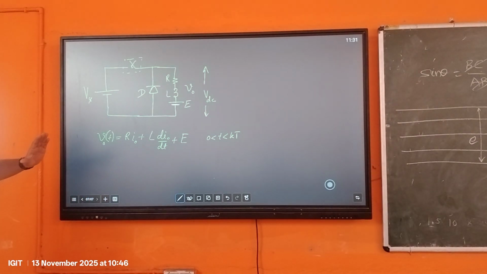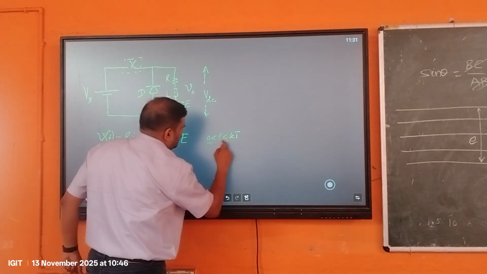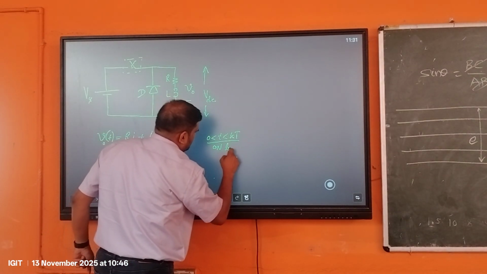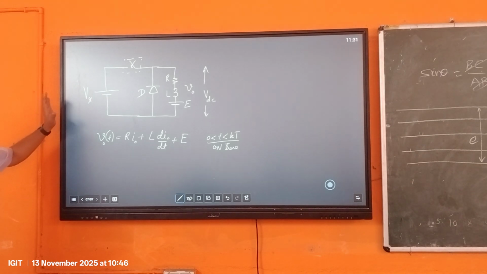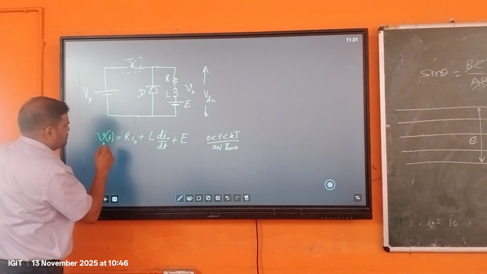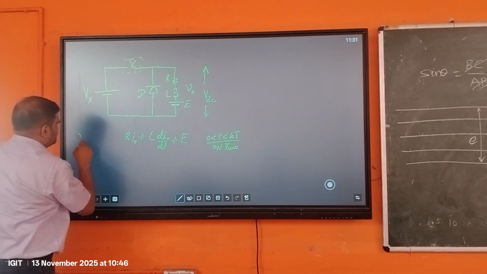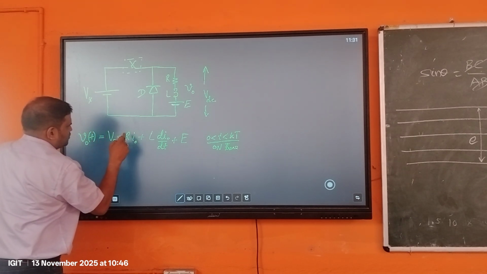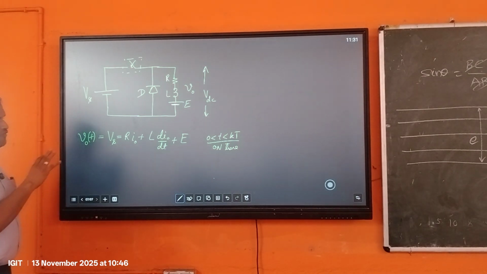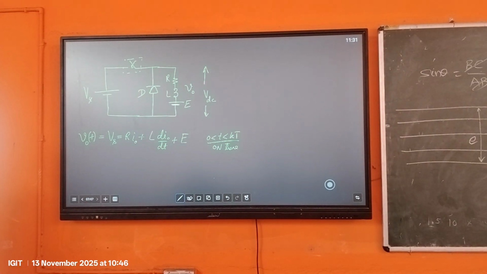This is the voltage equation. kT means during the on time, when the switch is on. This is by using KVL. This equation is nothing but V0(t) equals Vs. So we are getting the equation like this. Okay.